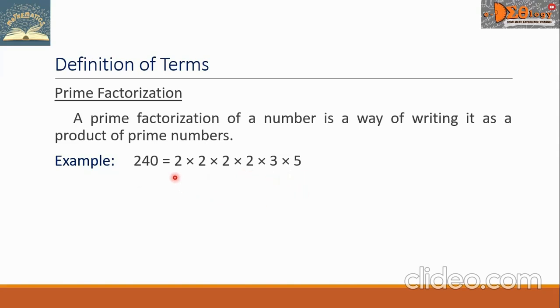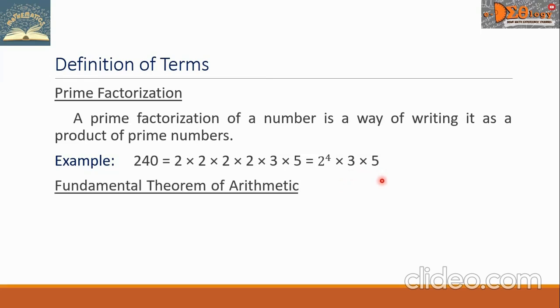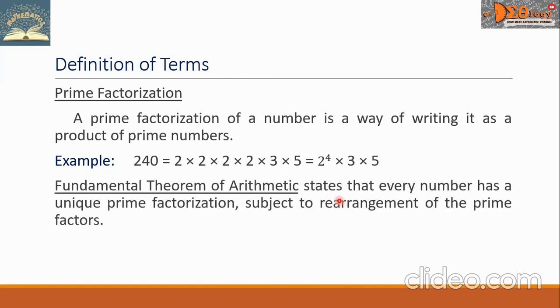In case of repetition of factors, we're going to write it in exponential form. We can have, like this, 2 raised to 4 times 3 times 5. The fundamental theorem of arithmetic states that every number has a unique prime factorization, subject to rearrangement of the prime factors.